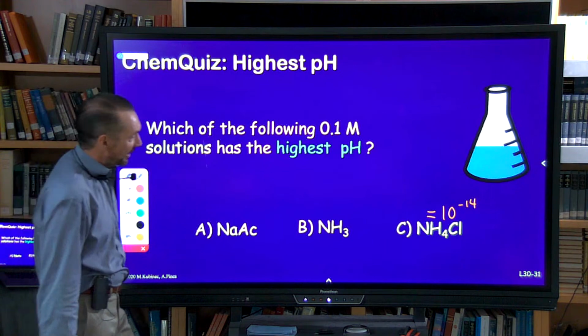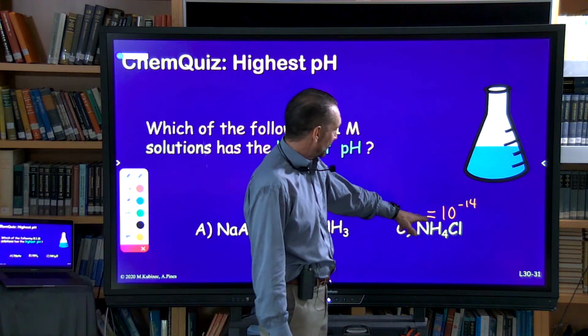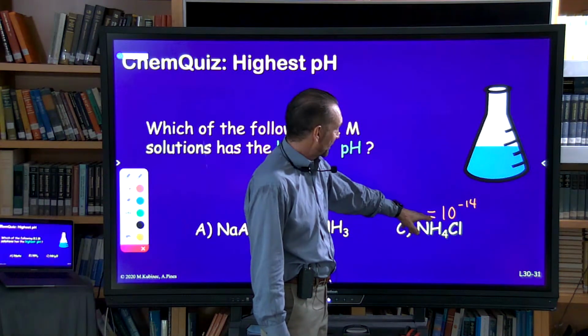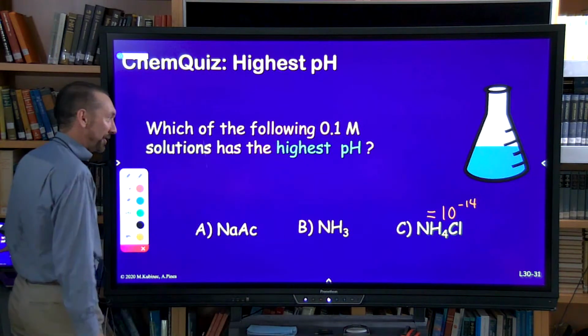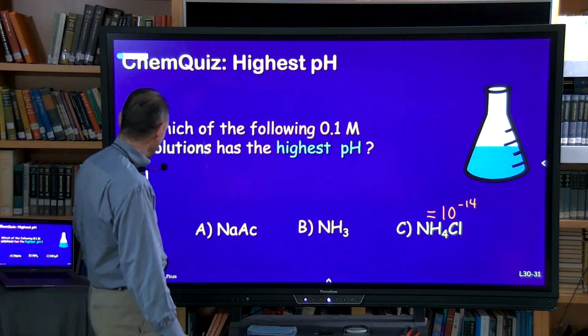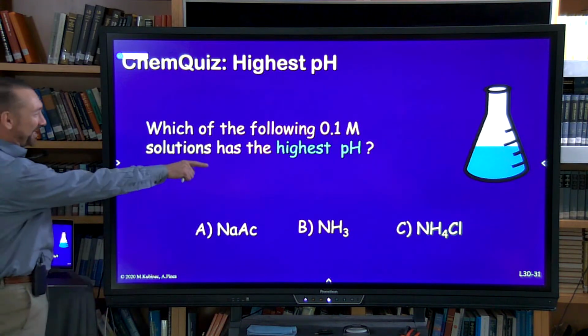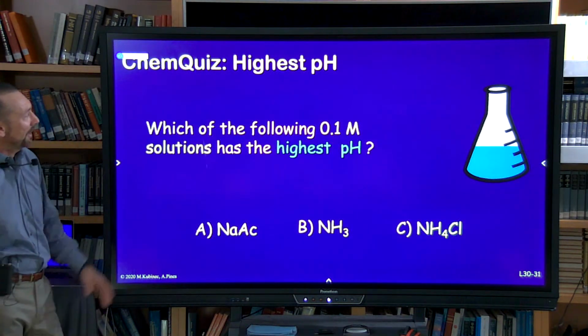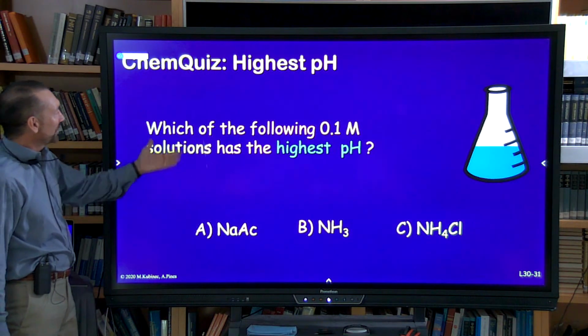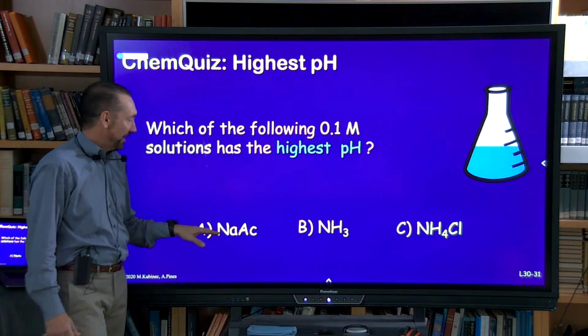I didn't know I could do that. I can change the slide and leave the annotation on the board. Sorry, you probably saw me looking puzzled because I changed the slide and saw the annotation stay there. So which of these following solutions has the highest pH?